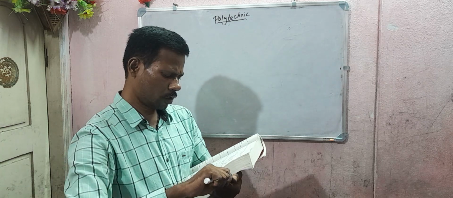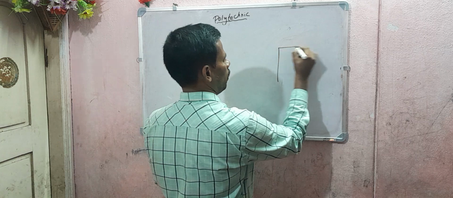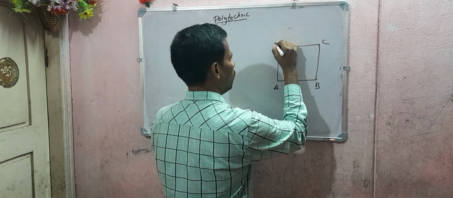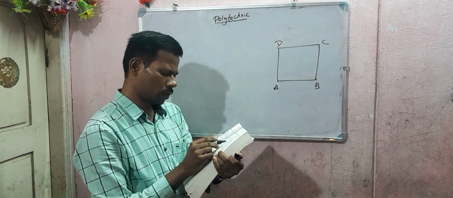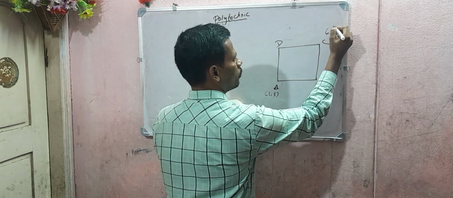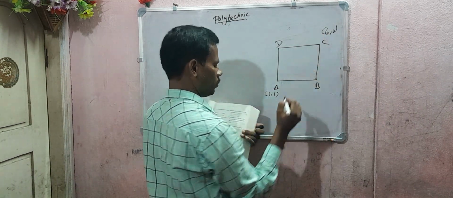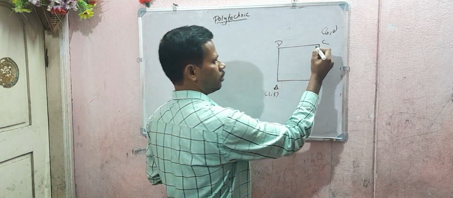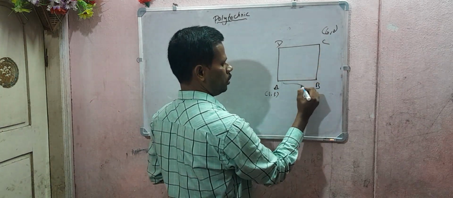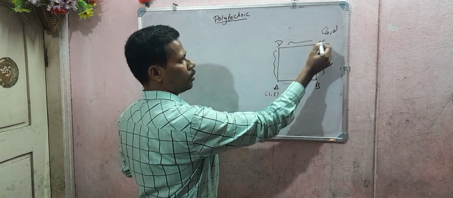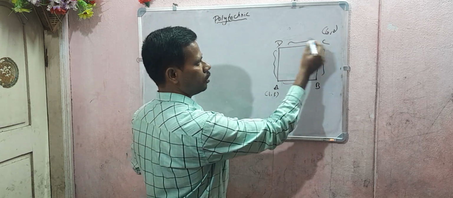If the coordinates of the opposite vertices of a square are 1, 3 and 6, 0, then the length of the side of the square. This they are asking. Because in a square all sides are equal, no? So opposite vertices are given, so they are asking this.